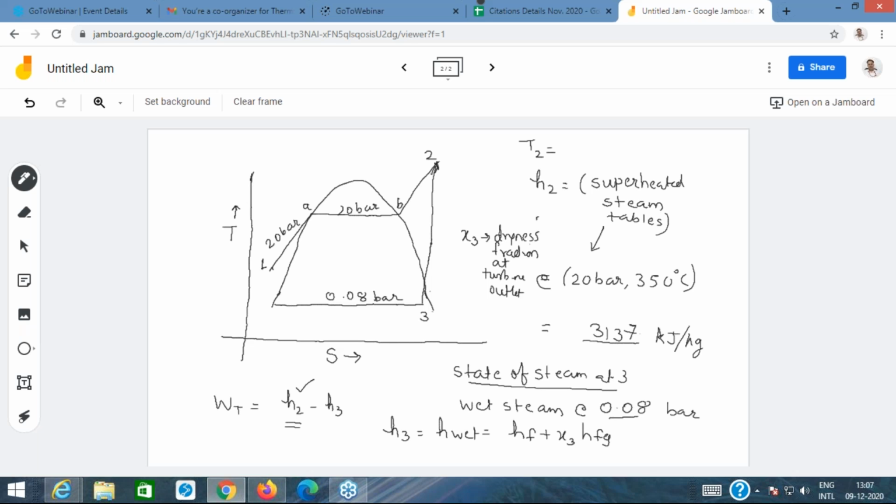Look for the value of Hf at 0.08 bar and tell me that value, and tell me the value of Hfg at 0.08 bar from the steam tables.